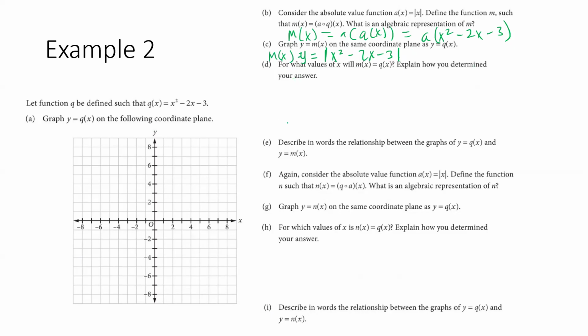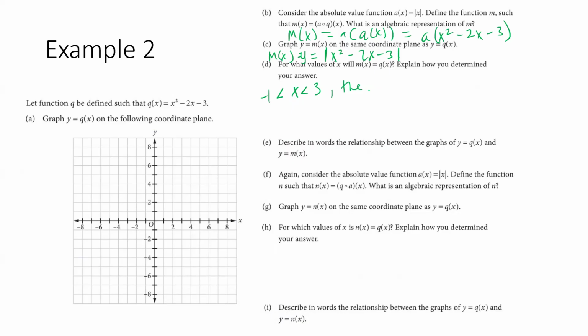Okay? And when we graph that, what did we notice? We noticed that our x values less than 3, but greater than -1, so between -1 and 3.